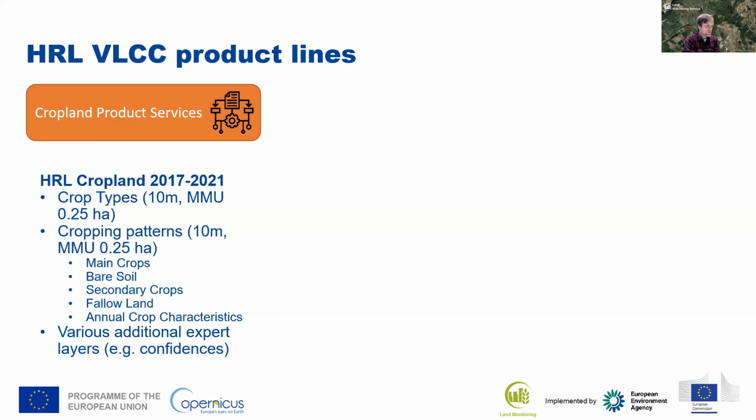These additional products provide further information, for example, on harvest dates and harvest events, crop emergence, presence of bare soil or secondary crops, basically giving more information on management practices. Accompanying these layers, there are also additional expert layers available, the confidence layer, which provides further information on the plausibility of the respective classification.